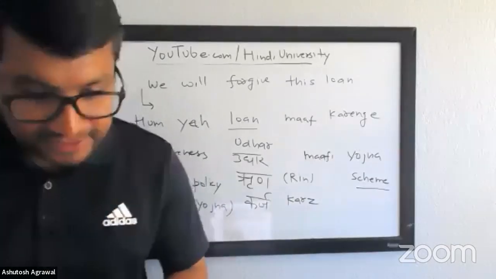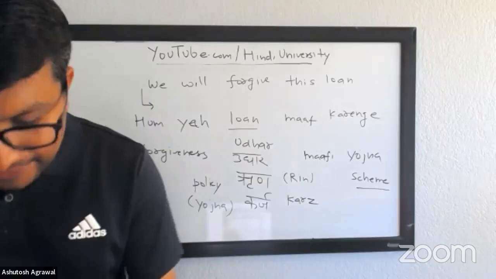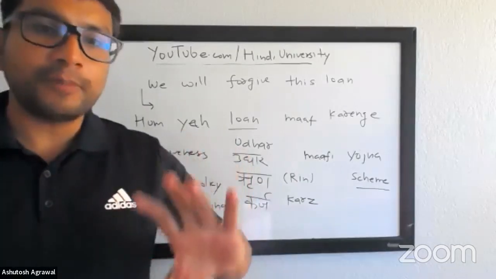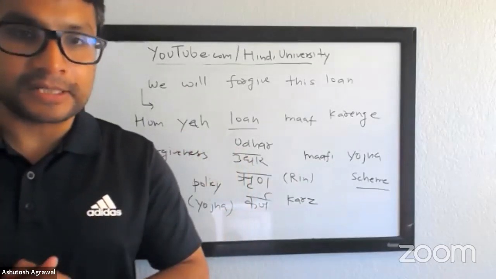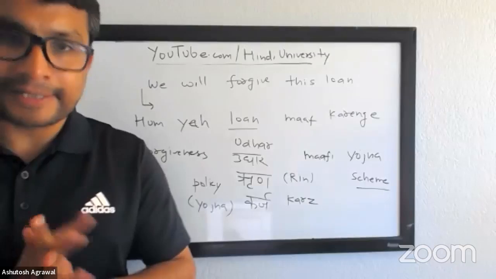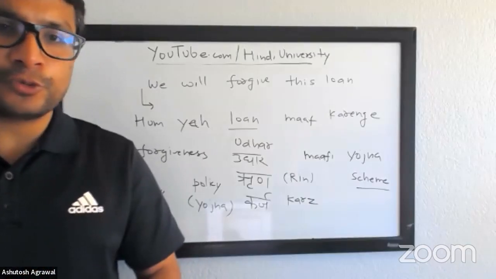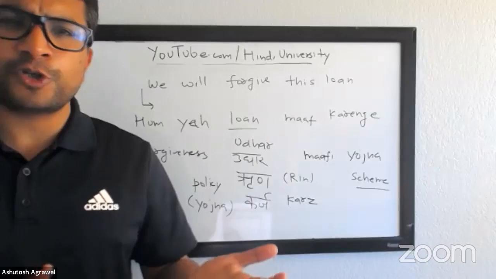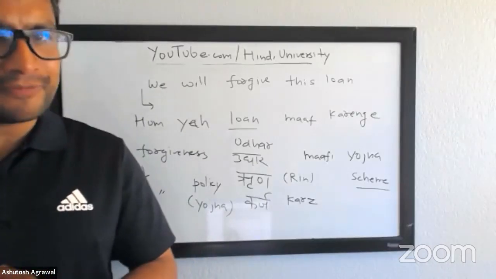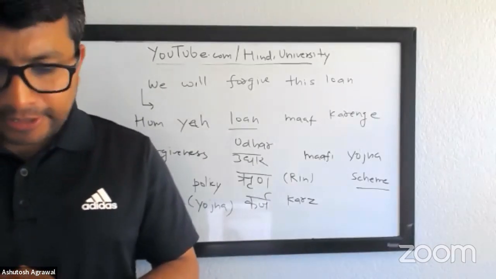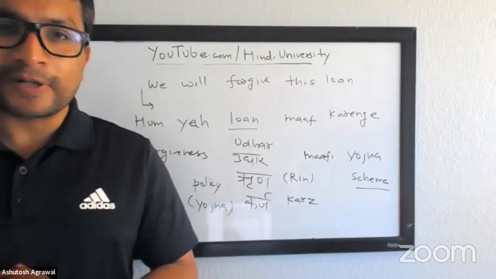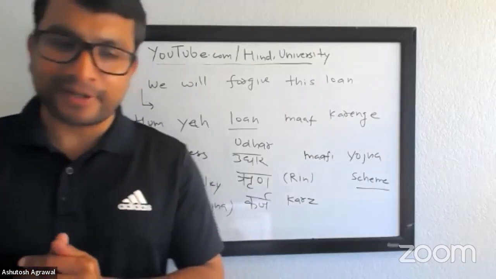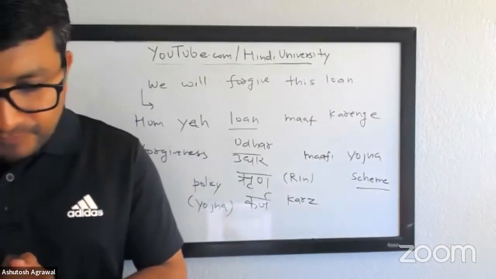The homework exercise for you is in chapter number 21, where there is a small paragraph written in Devanagari. For those of you who can read Devanagari, I definitely want you to read this very first paragraph in chapter 21 of Richard Delacy's book and try to comprehend it.